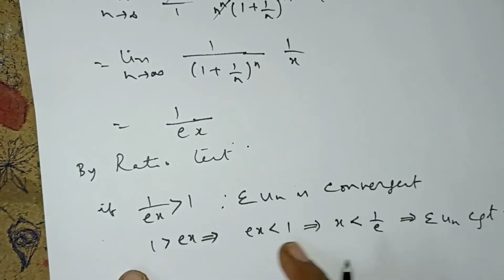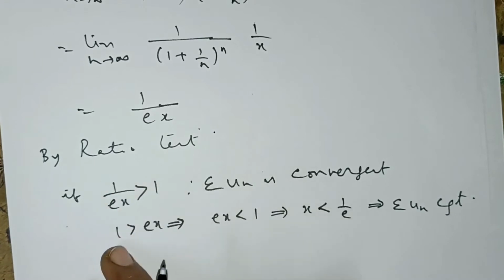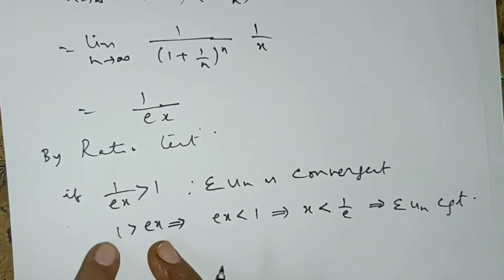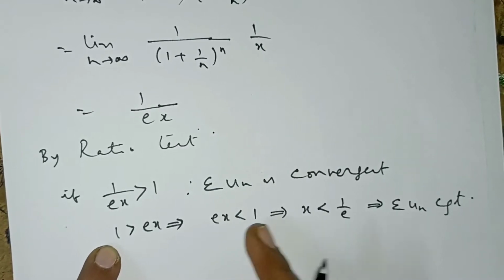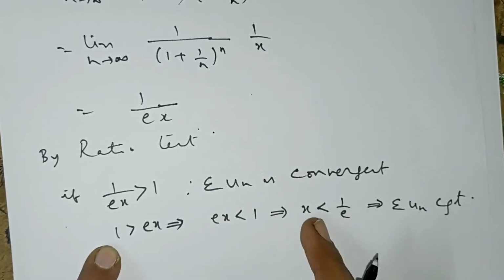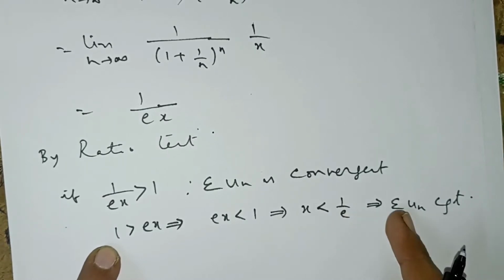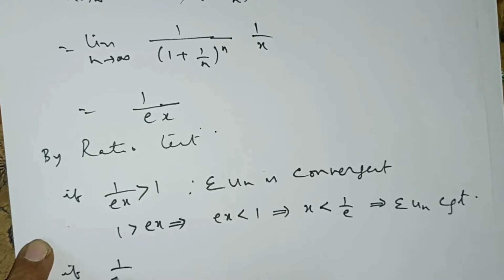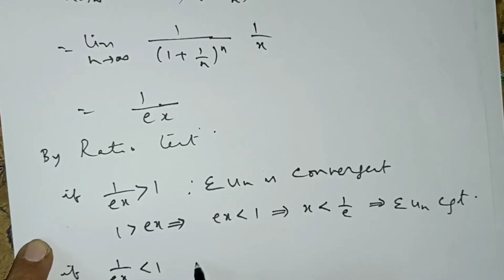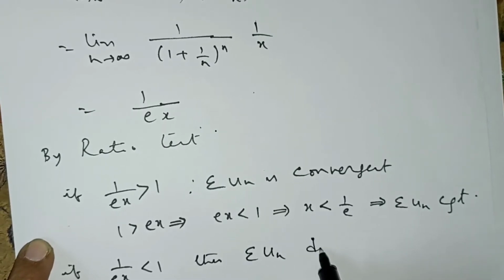I am writing in detail. If you cross multiply, 1 is greater than ex implies we can write ex is less than 1, implies x. If you send the e to this side, x is less than 1 by e. That means whenever x is less than 1 by e, then sigma un is convergent. In the same way, another one also we will write. If 1 by ex is less than 1, then sigma un is divergent.